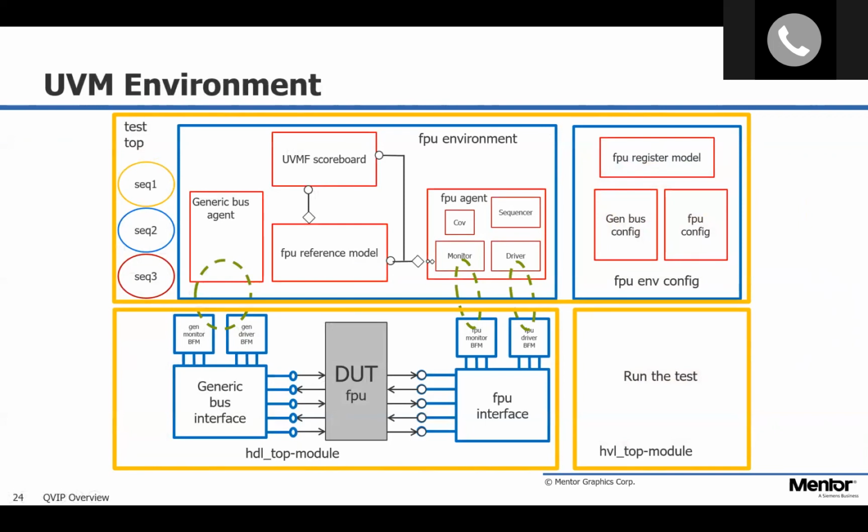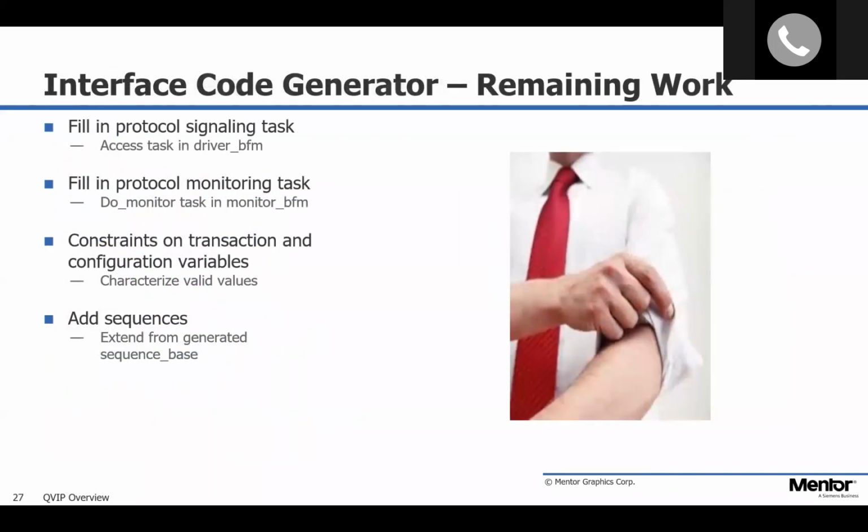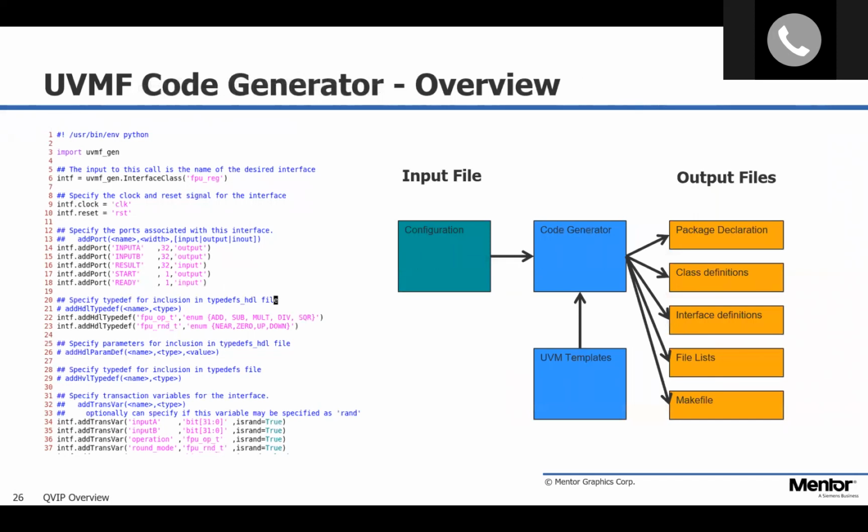So this is for a general environment, and then for verification IP, we've added the ability to drop those predefined verification IPs into your code generator template so that you've immediately started to get that. So this is back again towards the UVMF in general. You start from a template right here.